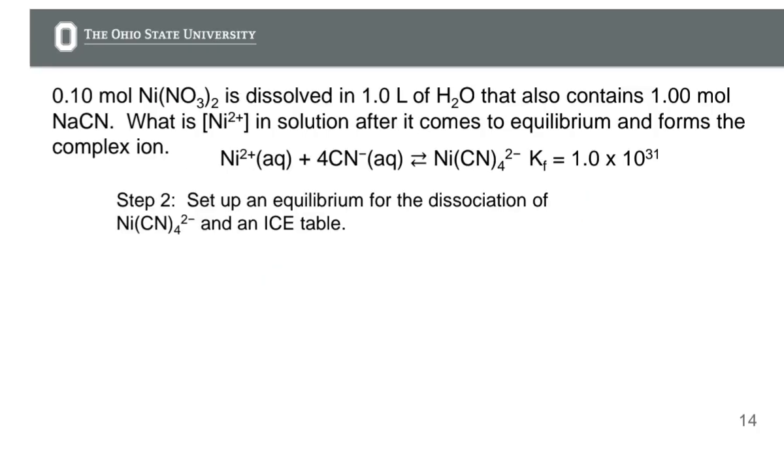Okay. We're going to take the output from that BCA table and use it now in an ICE table. So we're going to put the nickel complex ion on the reactant side.